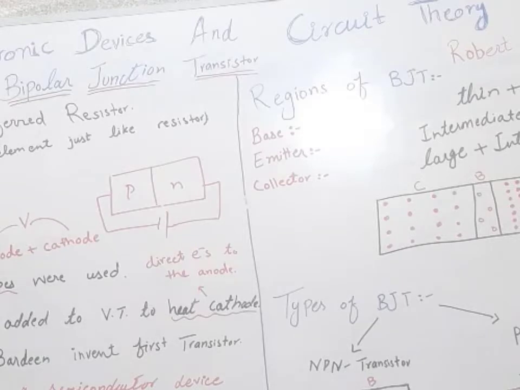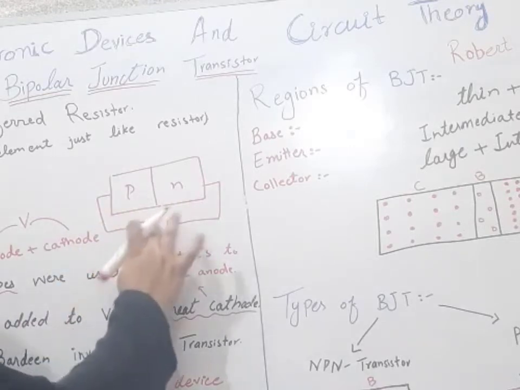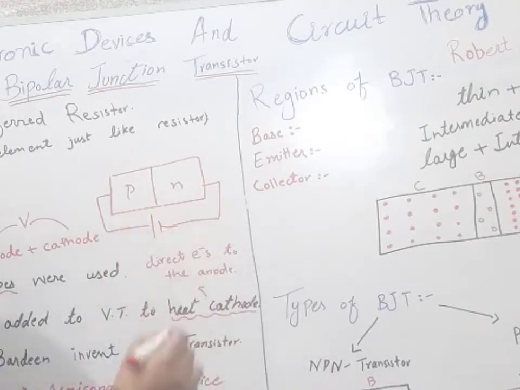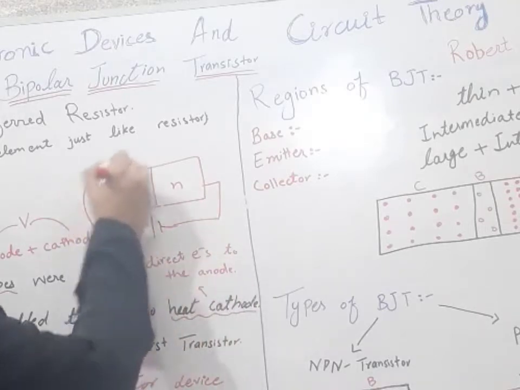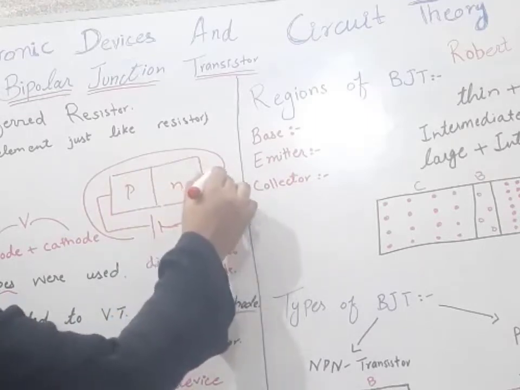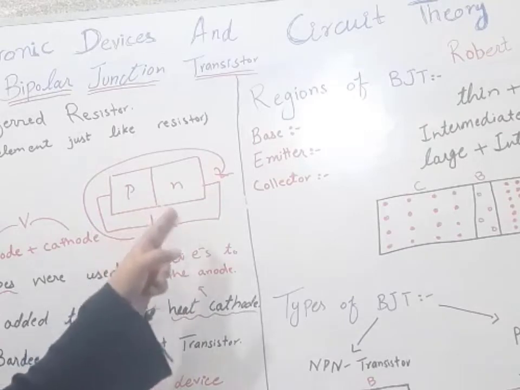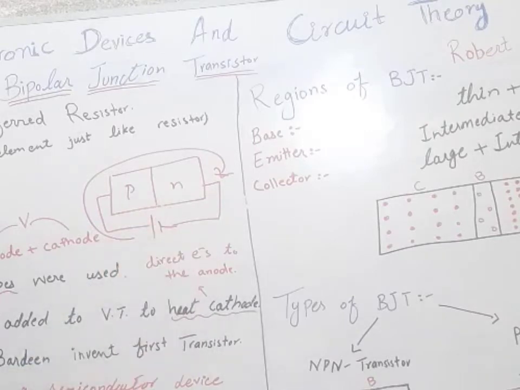When the junction is forward biased, our diode will have low resistance, because in this condition the current can flow in this direction. So as the current can flow, it will have low resistance.